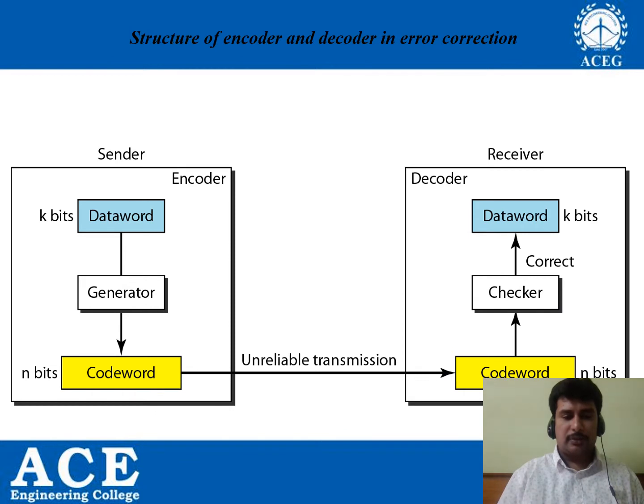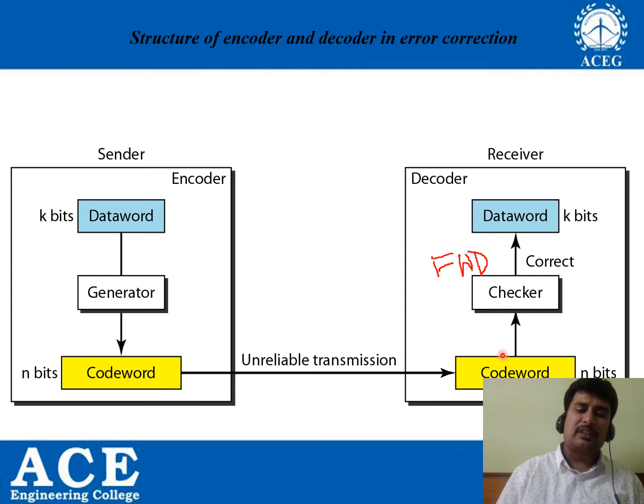Let me mention: if you are trying to verify the correction at the receiver itself, we are calling it forward error correction. Forward error correction is a process where you are trying to rectify the mistake at the receiver itself. But in case the receiver is not intending to do that correction, what it does is it will ask the sender to retransmit the same code word.